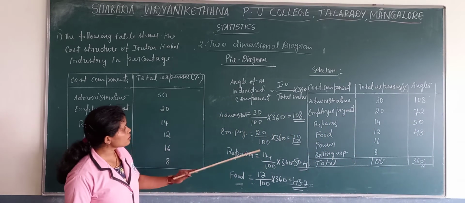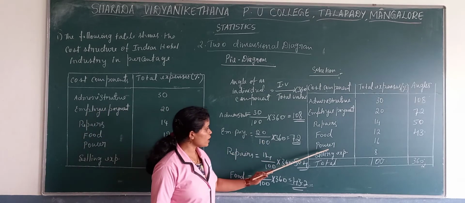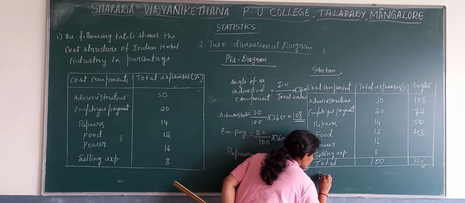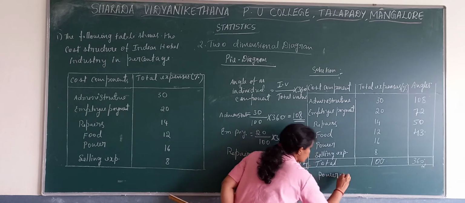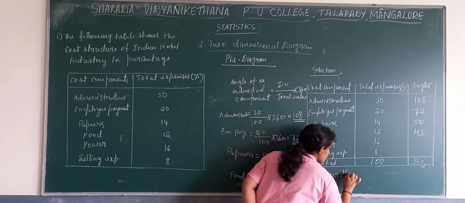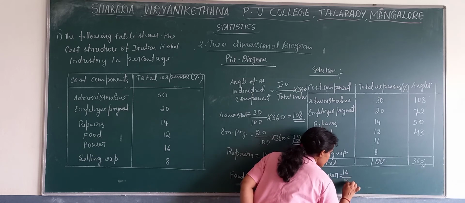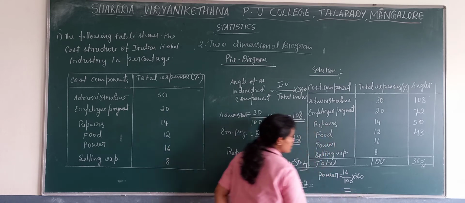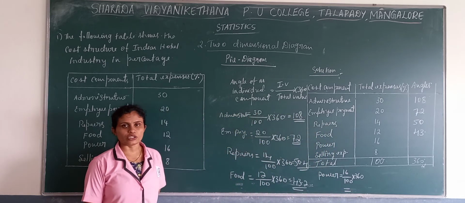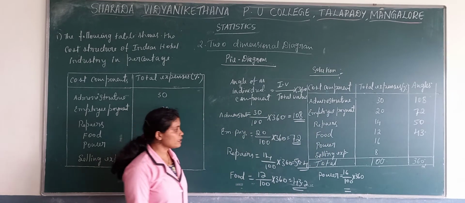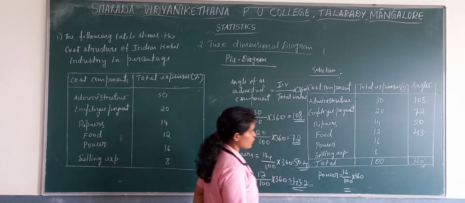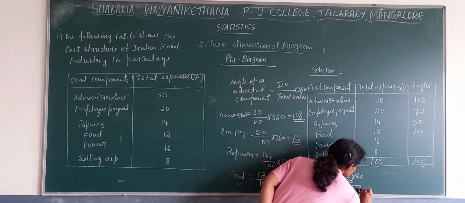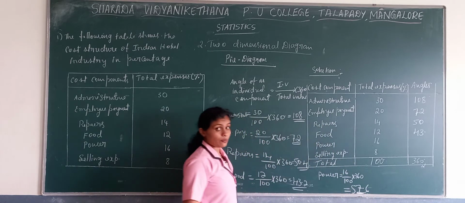Then the next one, that is power. Power is 16 by 100 into 360. What do we get here? We get 57.6.